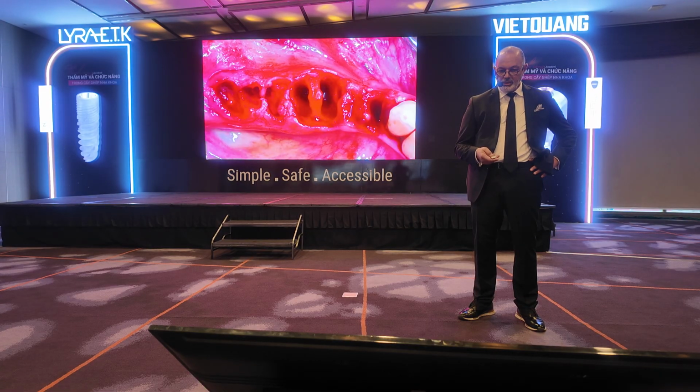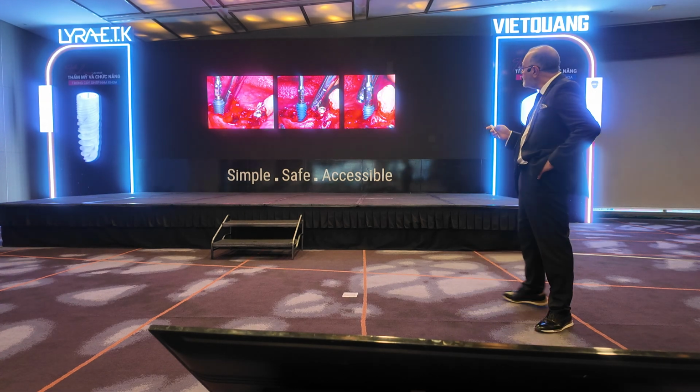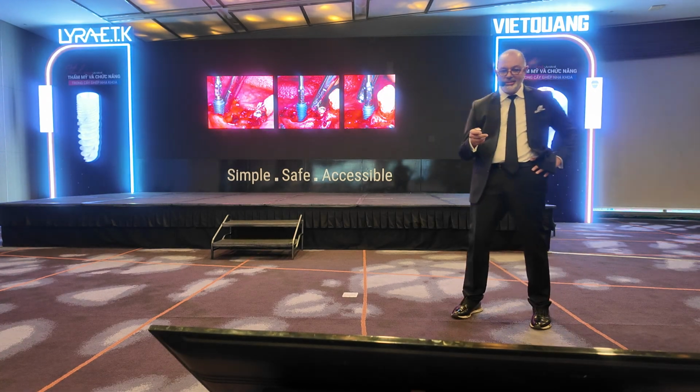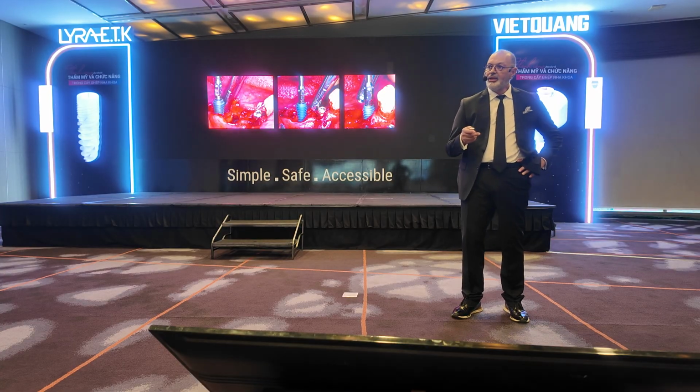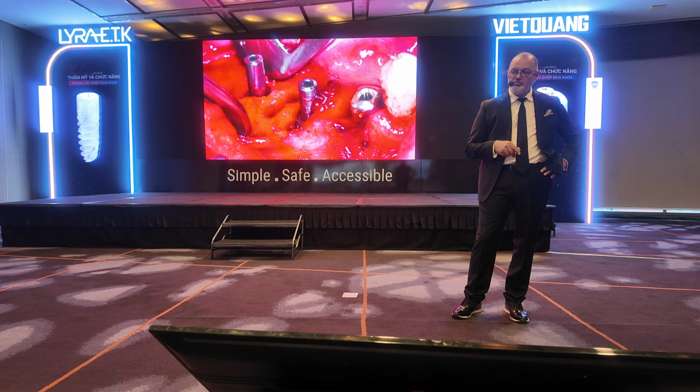Another case, the posterior area, and I'm showing you this case because it's very, very important to see that even in between the septa, in the alveolar, we will remove bone.